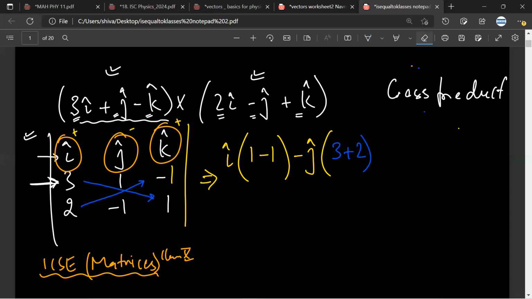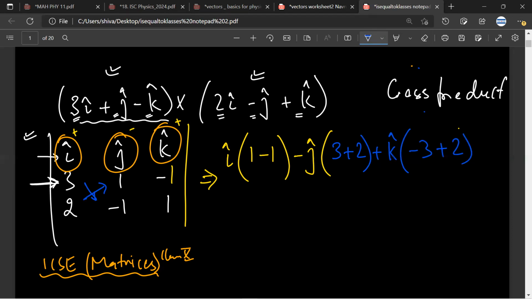And finally, plus k: again, 3 into minus 1 is minus 3, and 2 into 1 is 2.